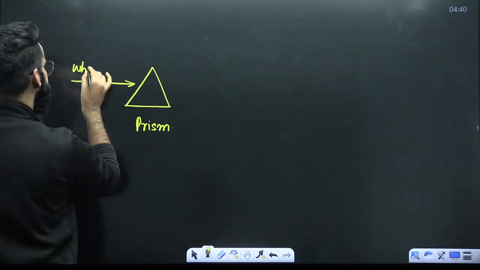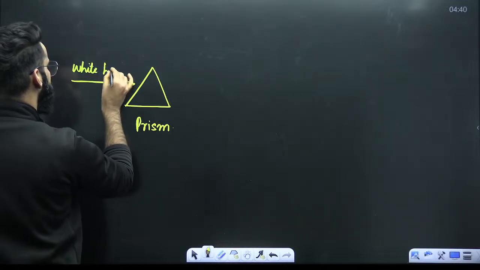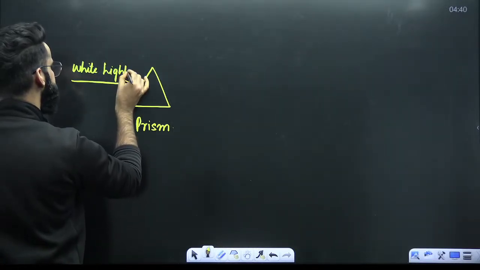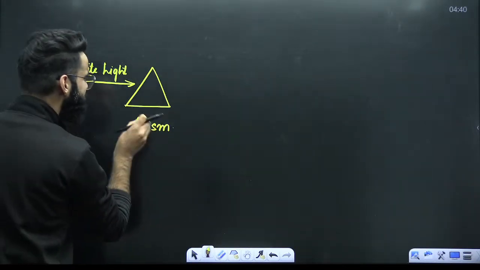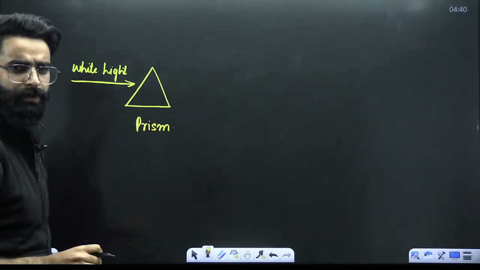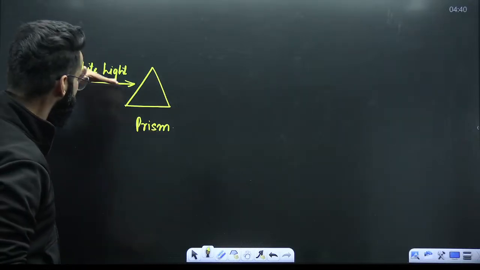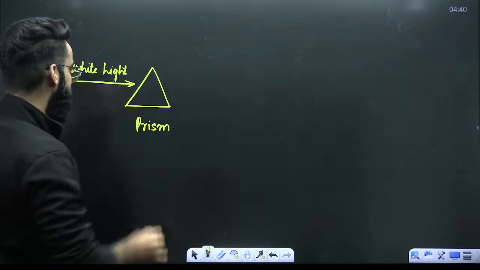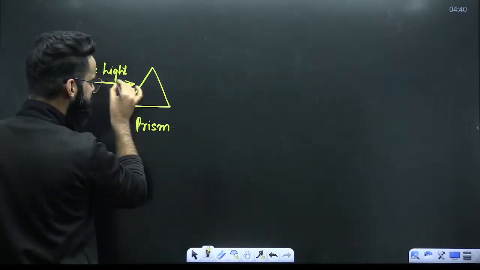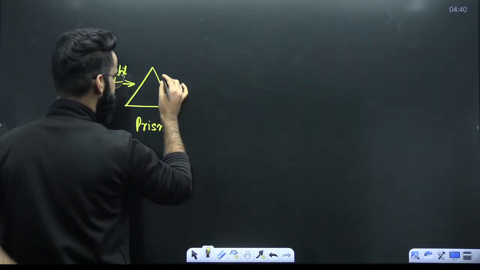This is your white light, for example. Now, what is this prism exactly going to do? This prism is going to split this white light into 7 different colors. You know that.